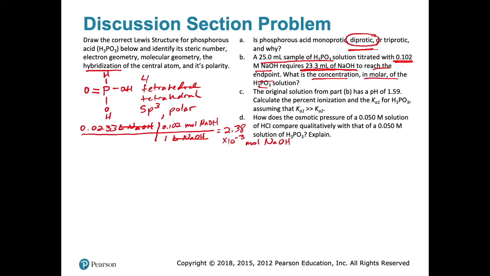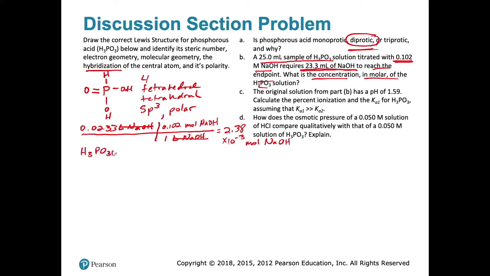How do we figure out the concentration of the phosphorus acid? We have to use the molar ratio, the stoichiometric ratio, right? And the reason why you needed to figure out what the balanced equation was in discussion is so that you knew what the stoichiometric ratio is. And so the balanced equation is this. You start out with H3PO3, right?